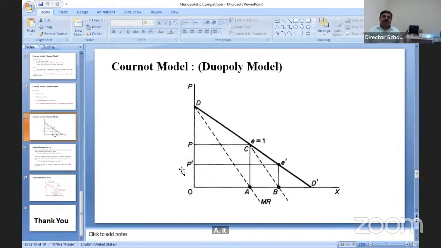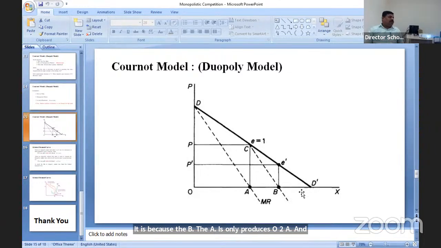Then, according to the market availability, the big firm attracts towards the market, because the market from A to D1 is still available for firm B. Is this? Because firm B knows that firm A only produces O to A and the A to D1 market is still available.